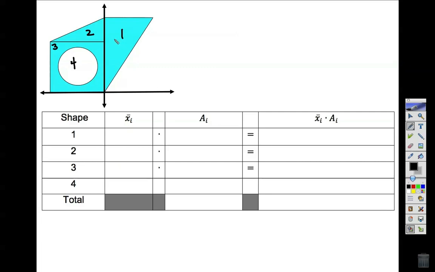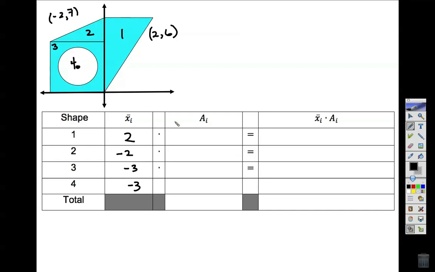All right, so in shape 1, the centroid was at 2, 6. So this 2 goes right here. The centroid of shape 2 was at -2, 7. So -2 is here. -3 and -3 right there at the center.